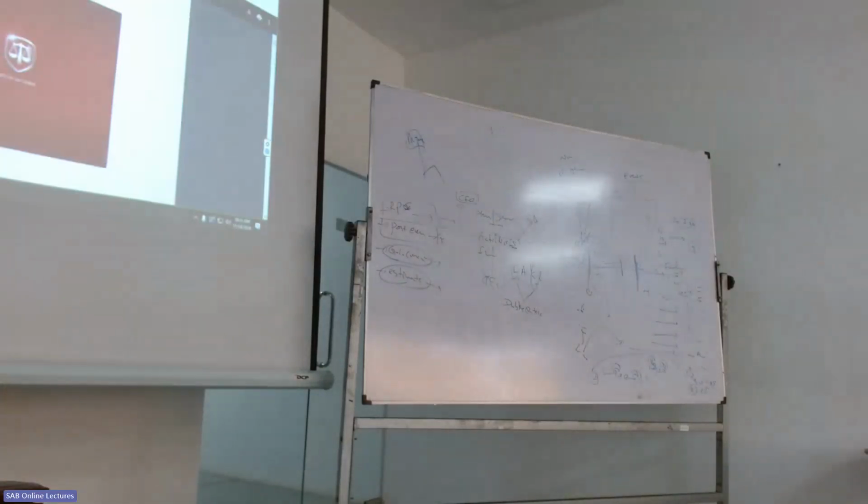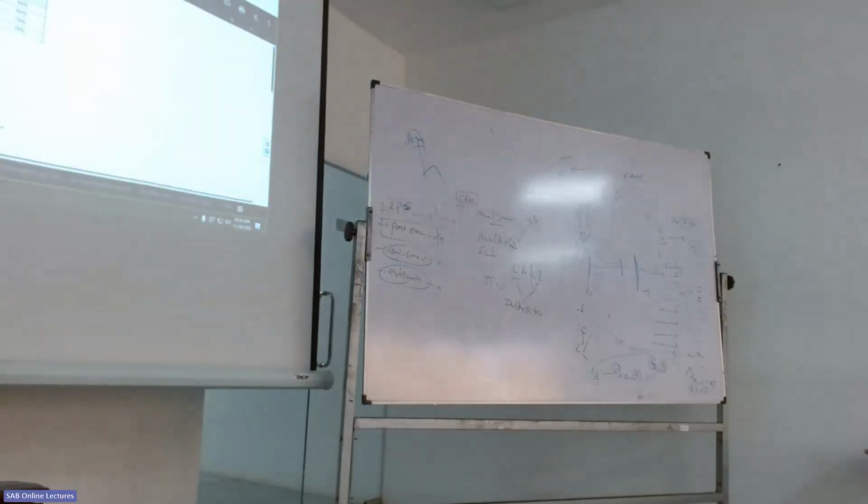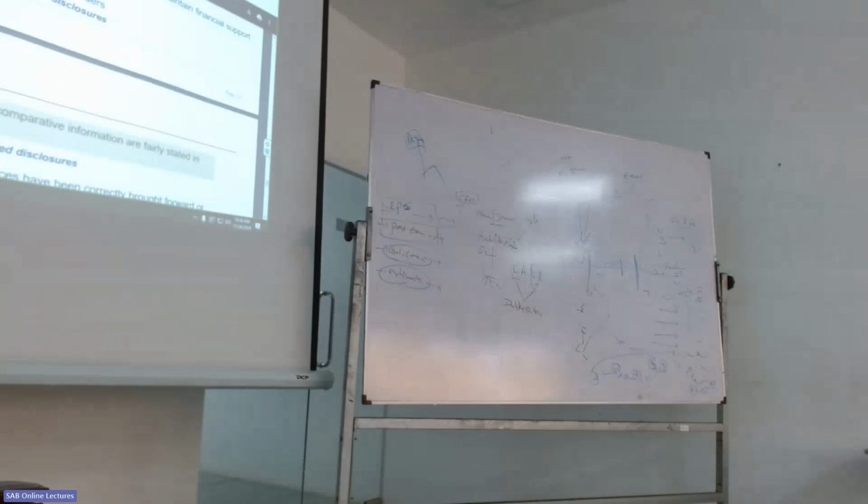It's about going concern, right? Going concern. So then I need to update this slide. ISA 570 is auditing going concern, right?